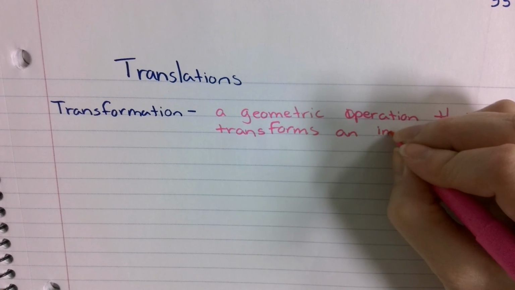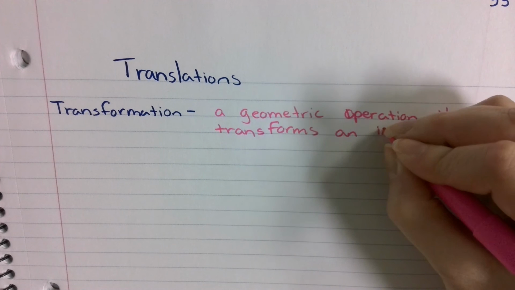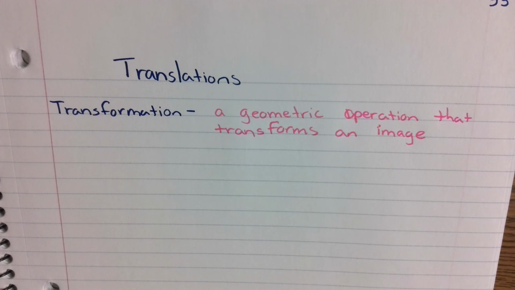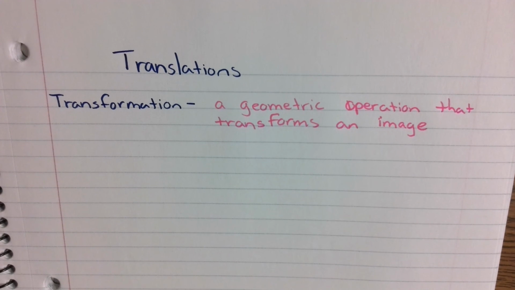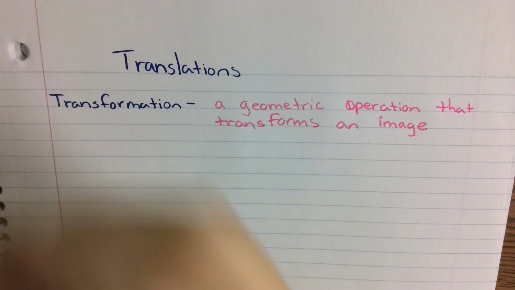Sometimes they might maintain orientation, which means the exact direction that it's looking. Other times it might flip or rotate its orientation. Sometimes transformations will even change the size of a shape. So that's one thing that the video did not discuss.